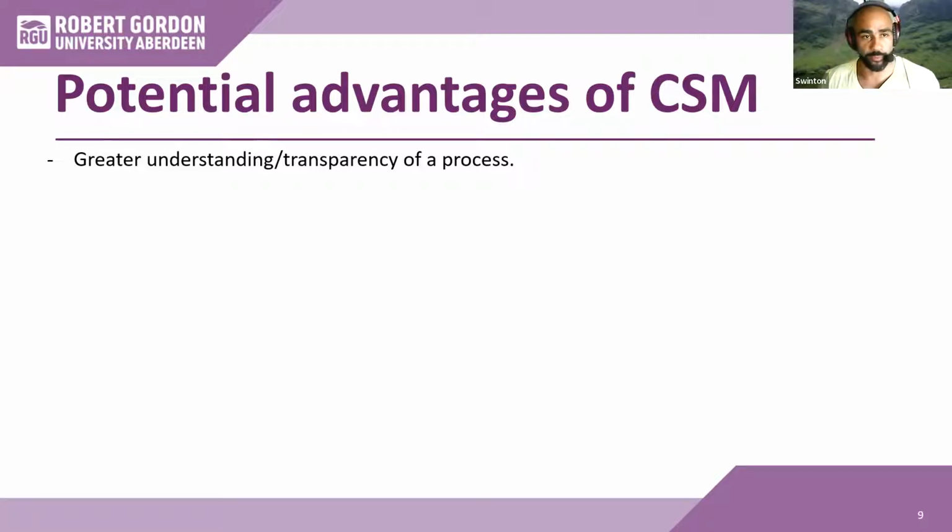Also, in order to perform a CSM, you have to estimate parameter values. So again, it helps you work out what areas of research you've got good information on, and which areas you really don't know anything. So if you're not able to come up with an analytical process to describe how things work, or come up with any parameter values, then it's clear that there's a lack of understanding in the discipline.